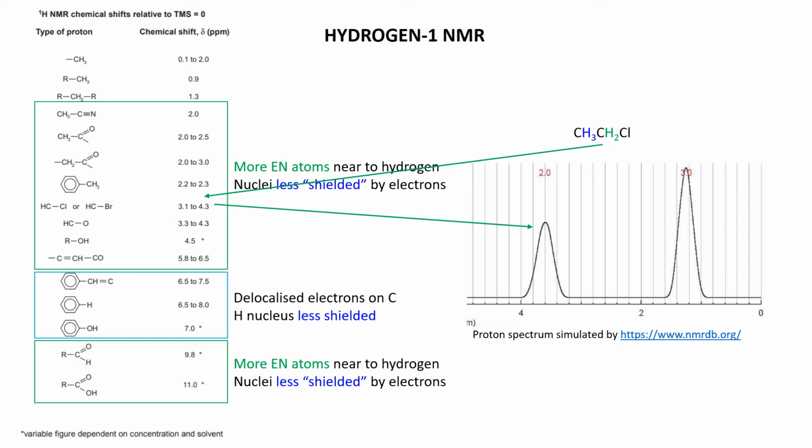And then, of course, the other hump must be the three hydrogens here on the carbon that's not bonded to the chlorine. It's just bonded to another carbon. And so that's going to be that type of shift, exactly as we see should be somewhere between 0.1 and 2, and we said it was about 1.25, something like that.